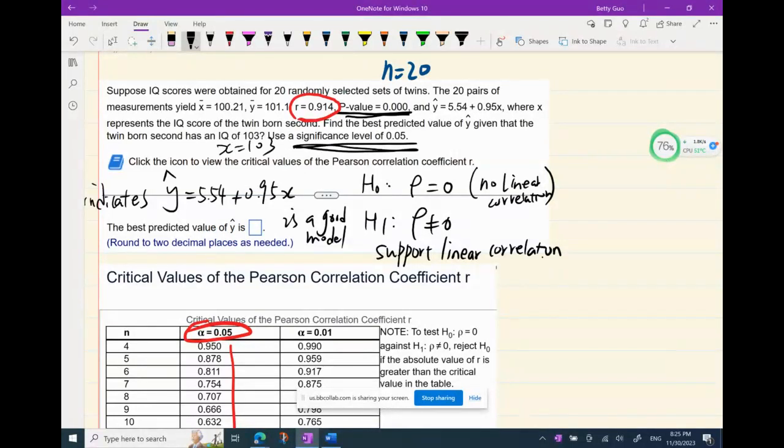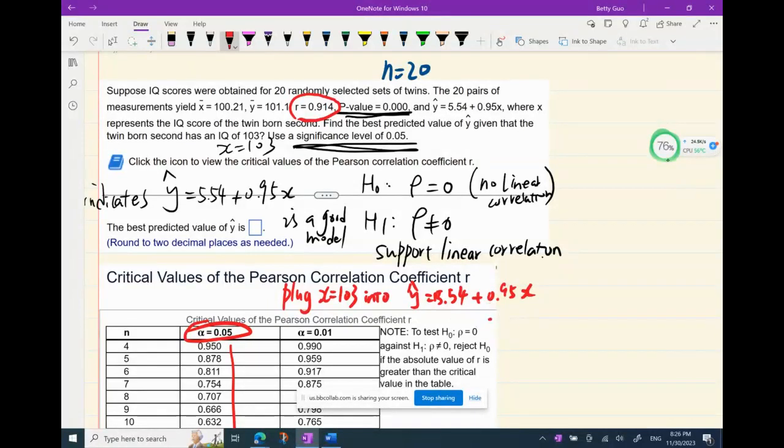103. Okay, so guys, now we are going to do some algebra. We are going to plug in x equals 103 into y bar equals 5.54 plus 0.95x.